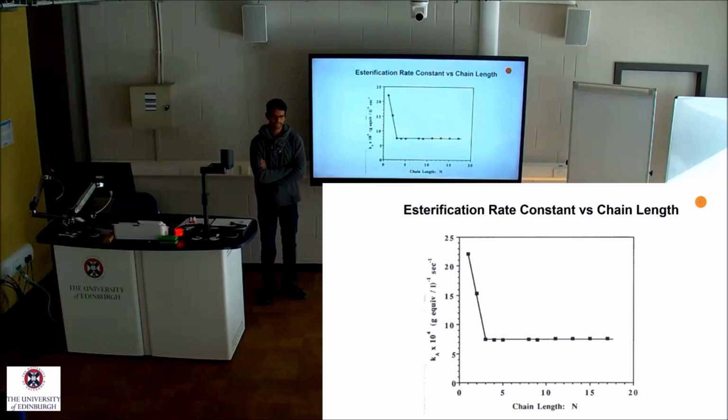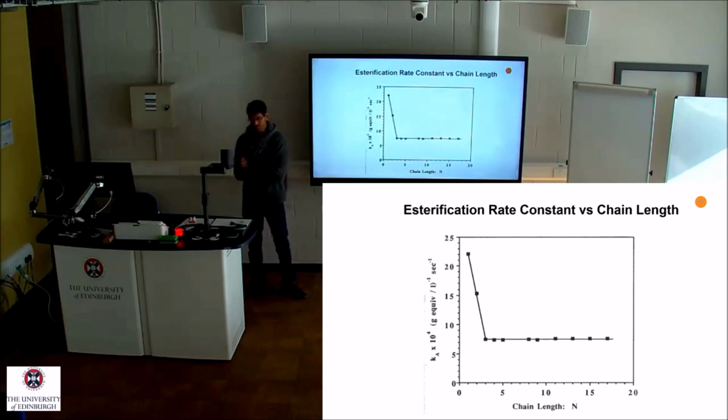At smaller chain lengths, this theory is less valid, and therefore there is a stronger change in the rate constant. Therefore, there is a steep decrease, then a flatter line. Yeah. You're right. Thank you very much.